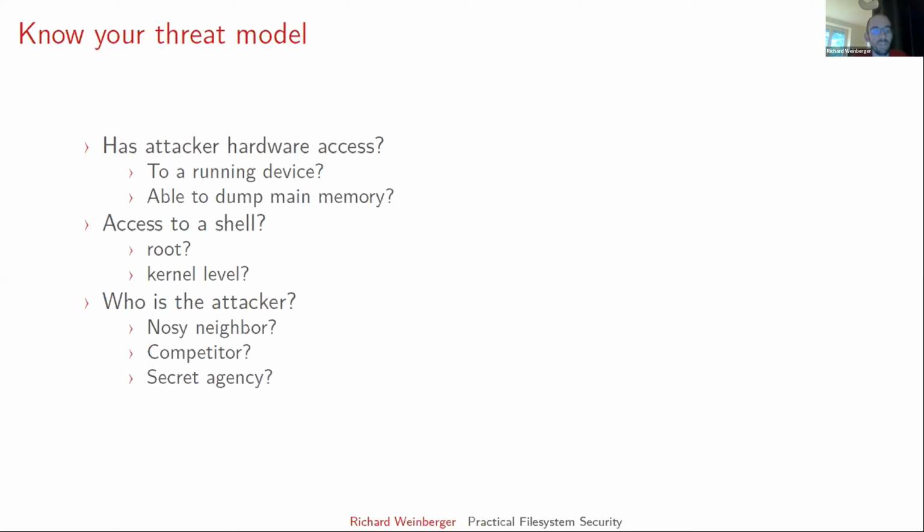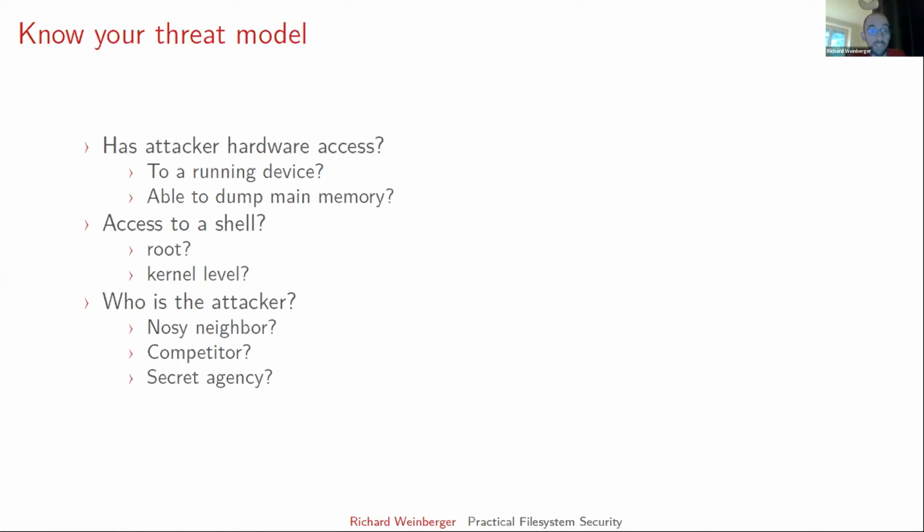For example, a common question is, has the attacker access to my main memory? Then you have to distinguish, can he do just a cold boot attack by getting a snapshot of your RAM, or can he monitor all your RAM in real time, so just sniffing the memory bus? This is something different, and the latter makes it really hard to get a protection.